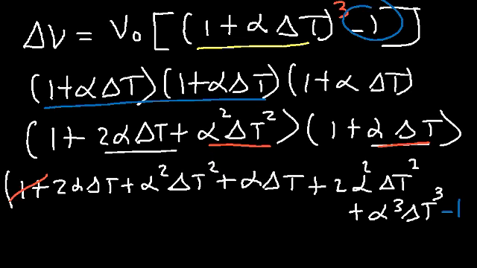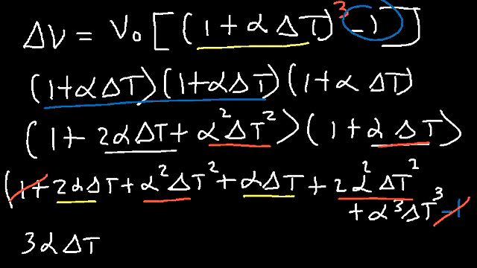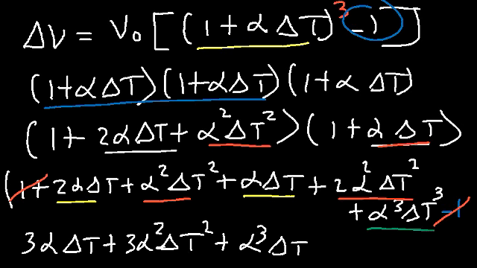And now let's add the negative 1. So we can cancel the 1 and the negative 1. We can combine these two terms. So that's going to be 3 alpha delta T. And we can combine these two, which is going to be 3 alpha squared delta T squared. And finally, we have this one remaining, which is alpha cubed delta T cubed.